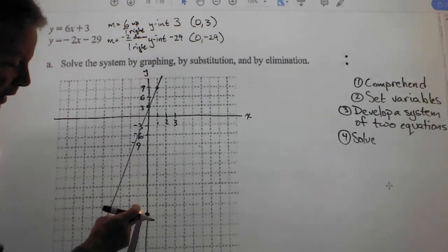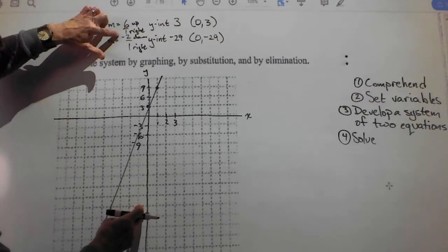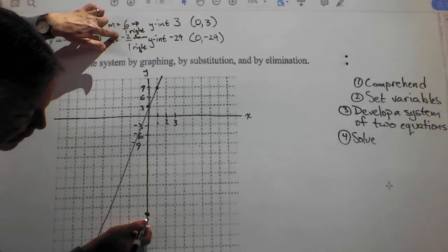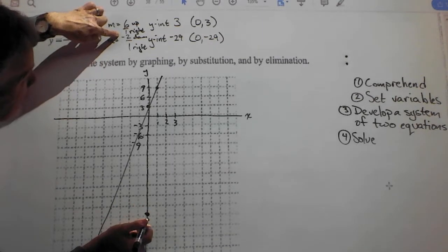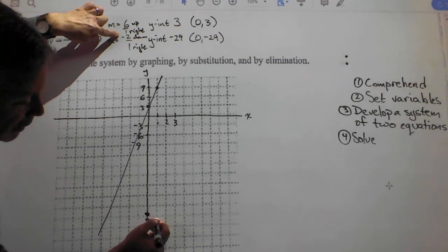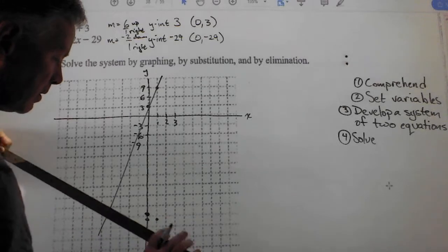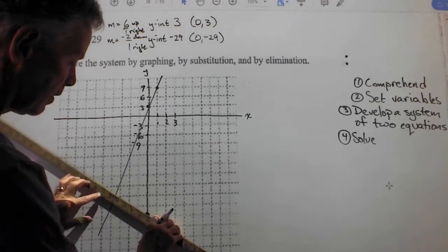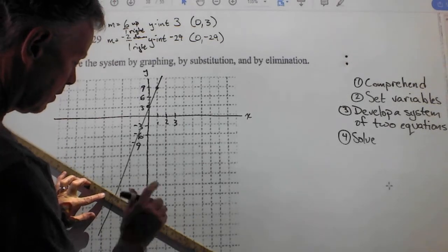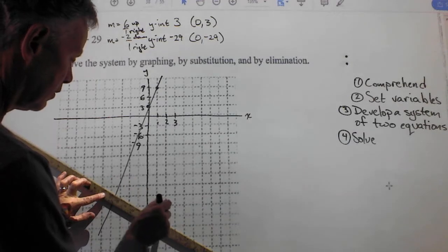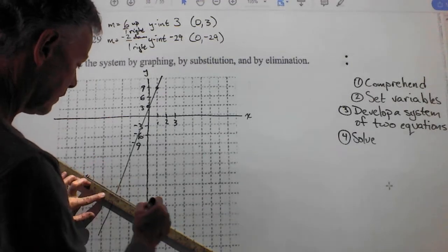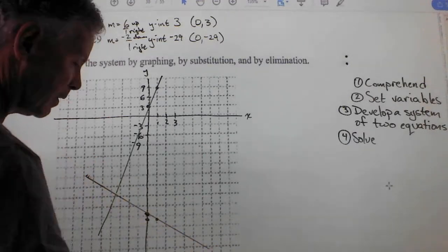So if we're starting at negative 29 and we're going down 2, we're going to go down to negative 31, and then we're going to go right 1. Okay? So we end up roughly here. Okay?